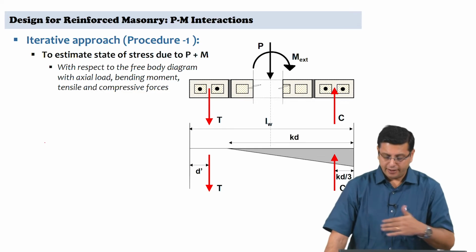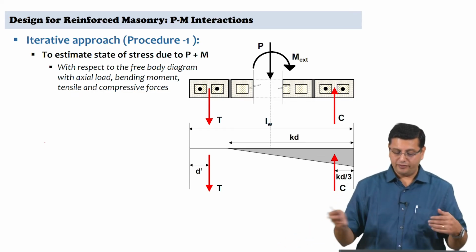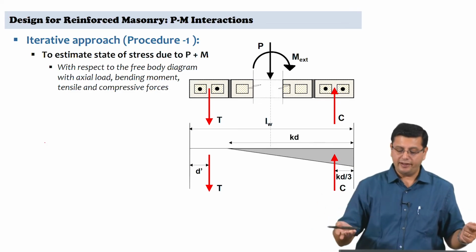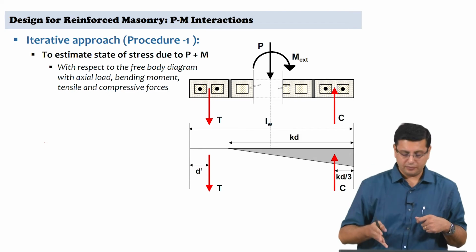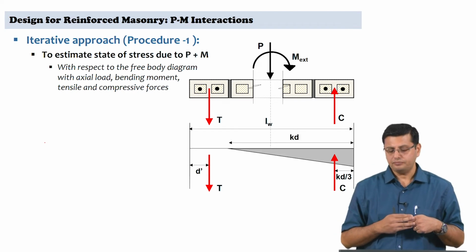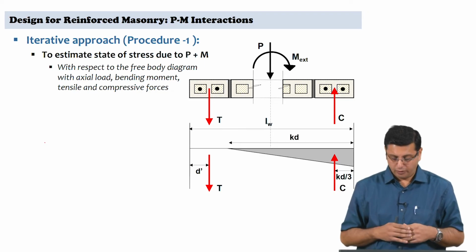Again, the total length of the wall is LW, and you have the steel on the two ends, which is the flexural steel. You have an axial load acting about the centroid of the wall, and you have a moment coming from external forces acting on the wall.